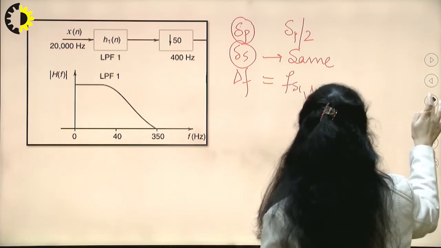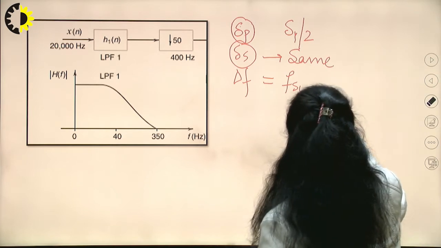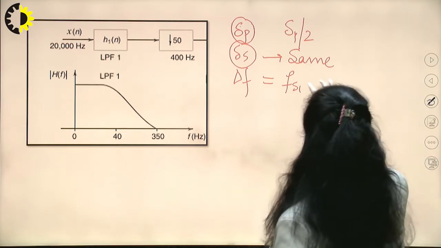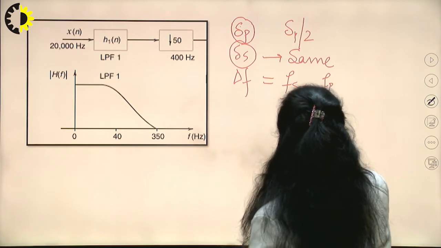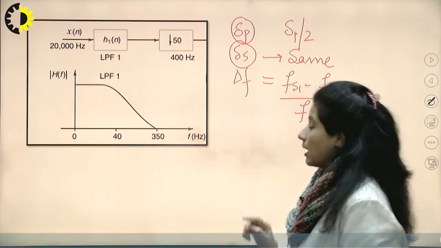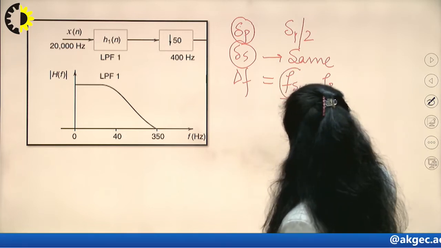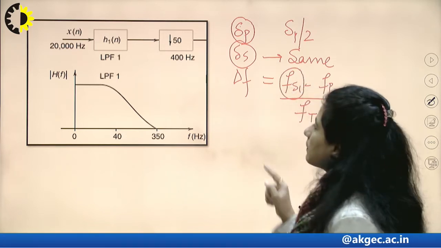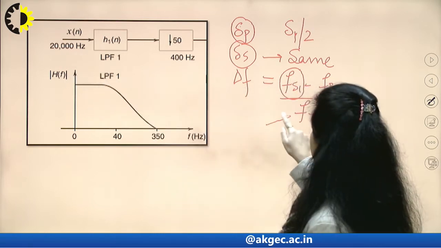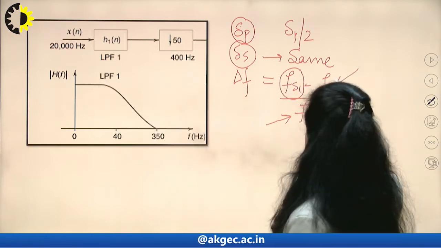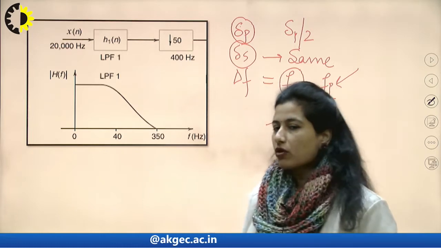minus the passband frequency, over the total frequency which is inputted. Now this is the new stopband frequency. The input frequency is 20,000, which would be put over here. Passband frequency would remain the same, that is 40 Hz.